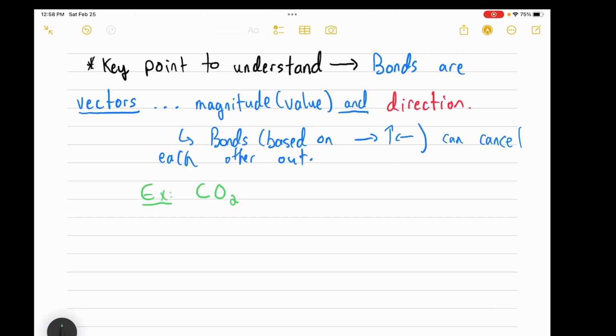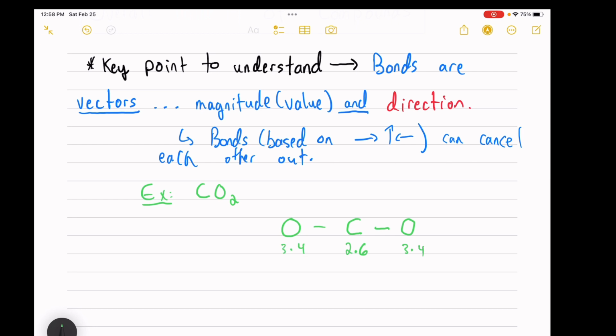So for example, let's say we have the compound CO2, where we'd have carbon in the middle, the least electronegative atom, just like we did with our Lewis dot diagrams. And you have an oxygen on each side. Now, oxygen has an electronegativity value of 3.4. Carbon has about 2.6. And then again, 3.4.